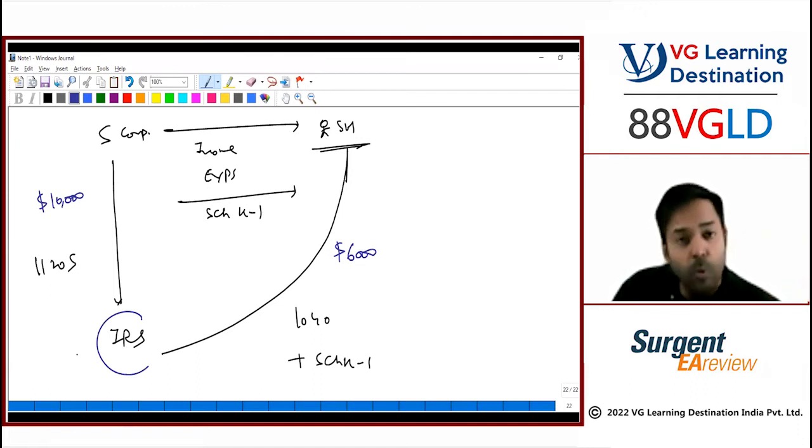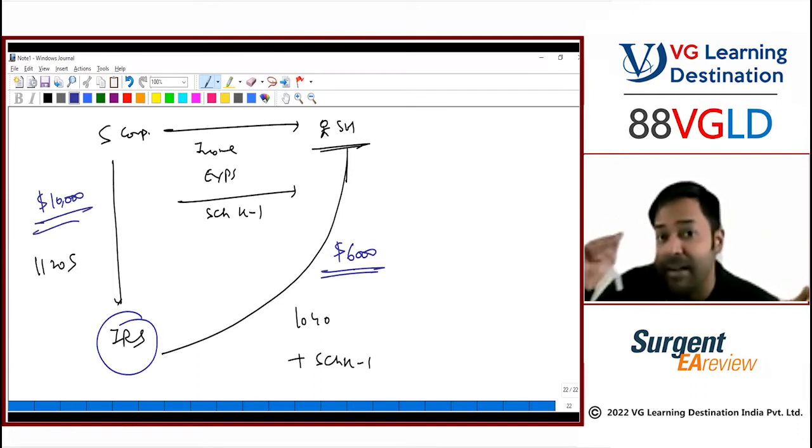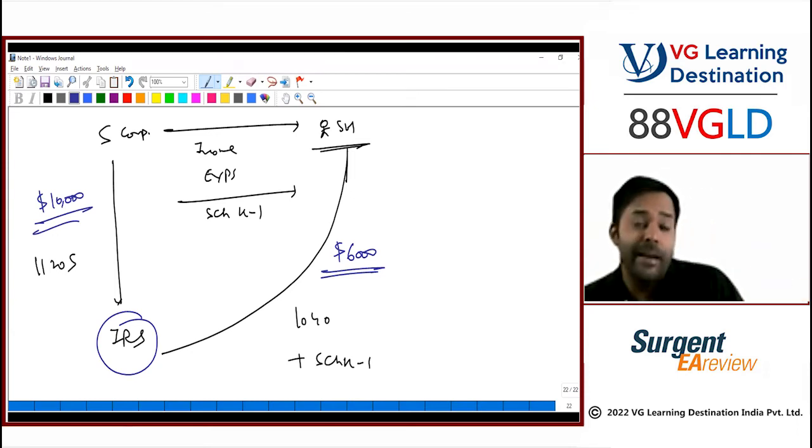Now the IRS has both points and can gauge that this shareholder is underreporting the income. That's the basic rationale of informational filing, because the IRS will have a checkpoint. The IRS can match this amount and ask the shareholder to file the correct return. Is that point clear, everyone?